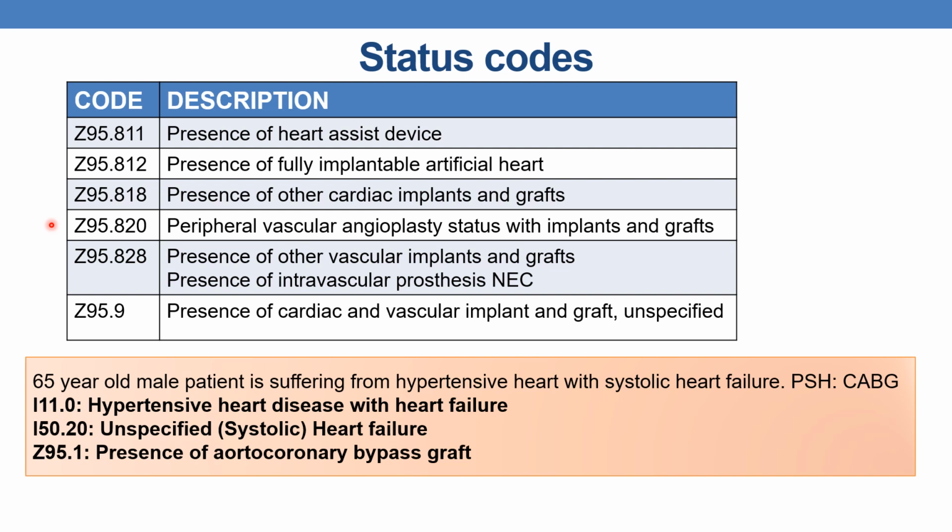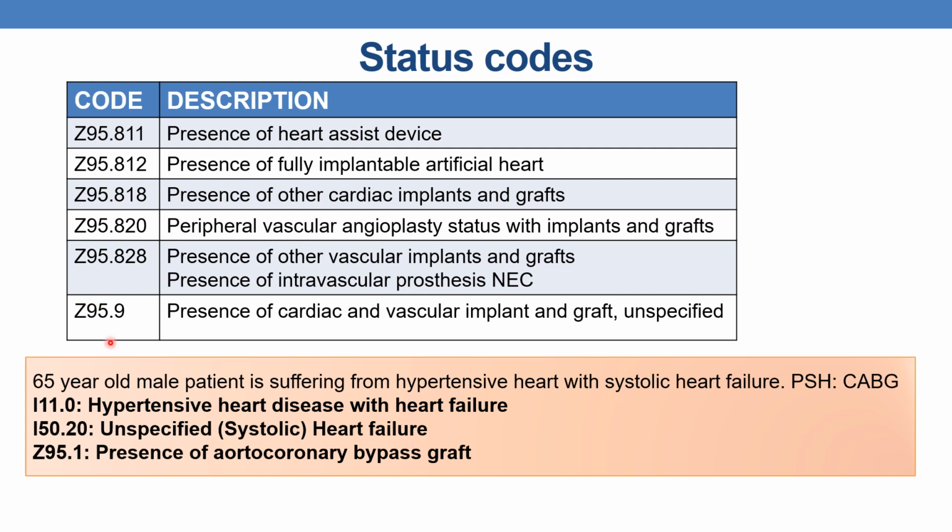Peripheral vascular angioplasty status with implants and grafts. The next is Z95.828. It indicates presence of other vascular implants and grafts or presence of intravascular prosthesis. And finally, Z95.9. It indicates presence of cardiac and vascular implants and grafts unspecified.